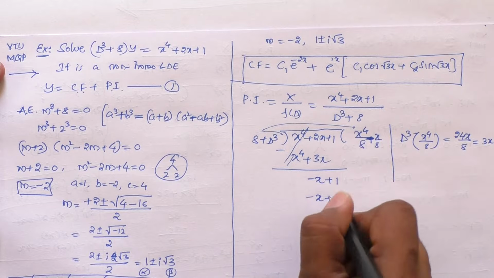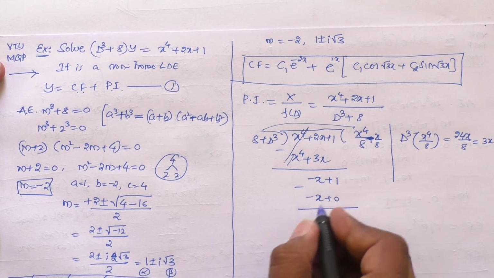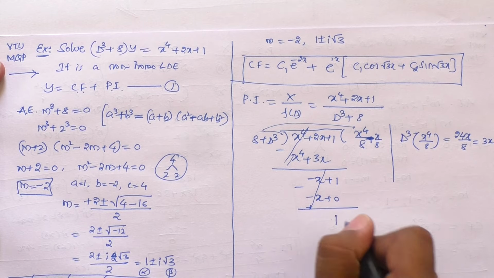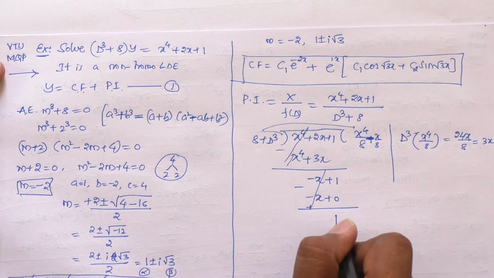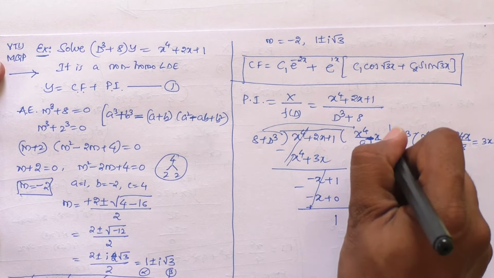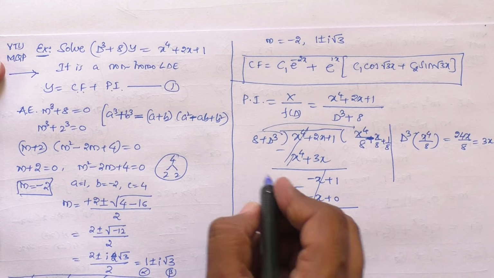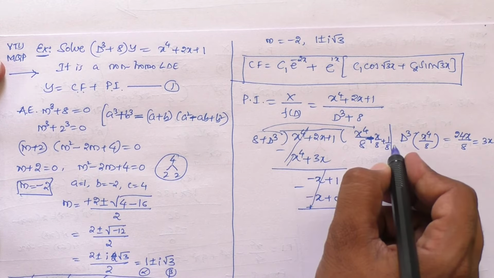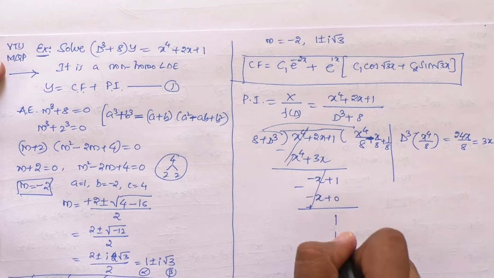3 times, if you differentiate that, will be 0. So now subtract. Minus x plus x cancels, and 1 remains. So 1 divided by 8, choose the quotient as 1 by 8. Multiplying 8 plus D cube with 1 by 8, it will be 1. So subtract, it will be 0.